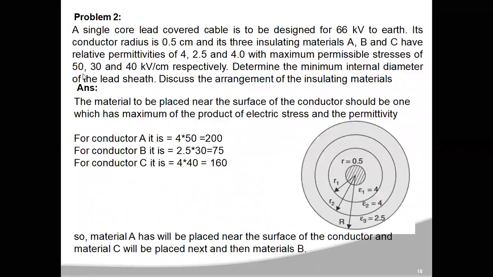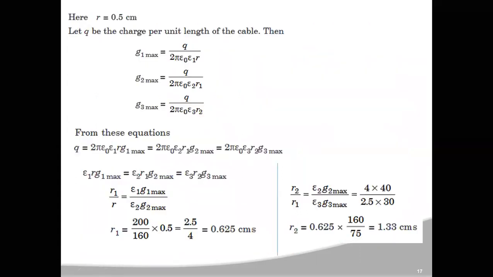In the problem, G1 max is 50, G2 max is 30, and G3 max is 40. The small r value and the permittivities are also given. So you can calculate the R1 value, the radius of the first layer. R1 is equal to 0.625 centimeter.